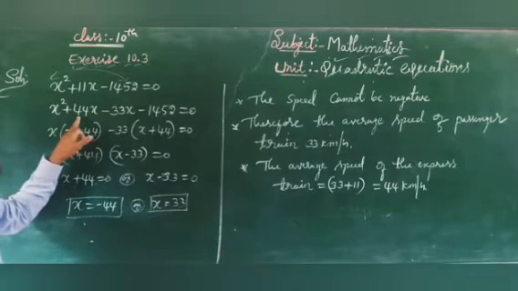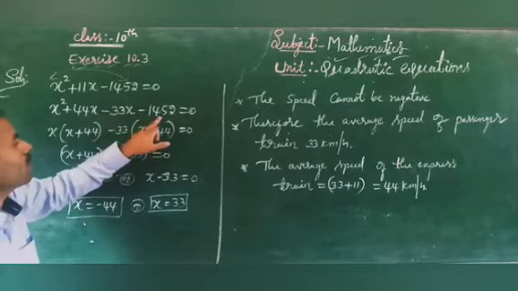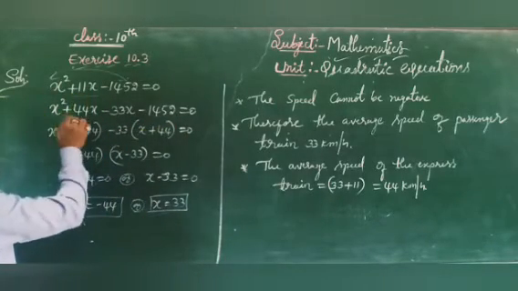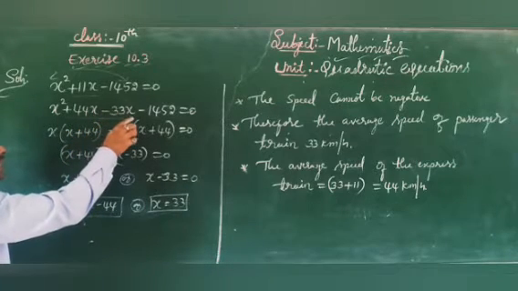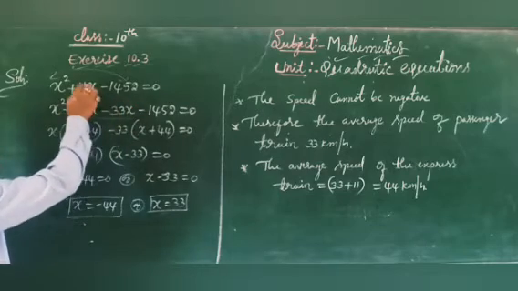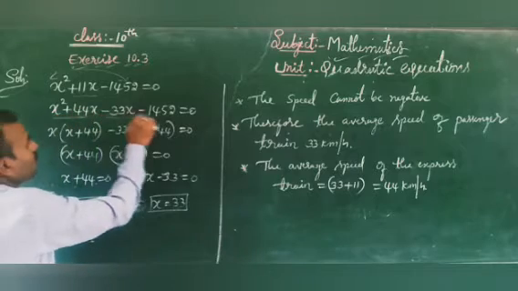x square plus 44x minus 33x minus 1452 equals 0. Instead of plus 11x, we write plus 44x and minus 33x. There is no change; if you simplify these two, you get plus 11x. In the next step, we group the two terms.